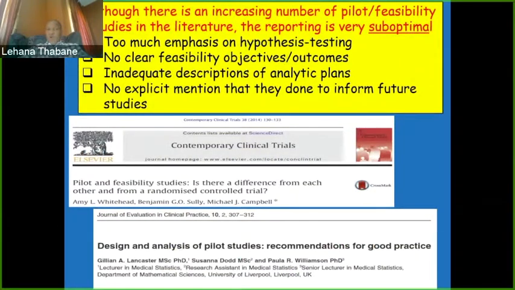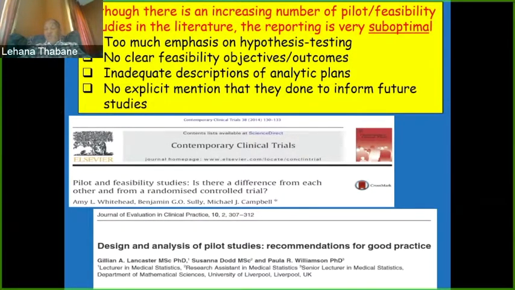So overall, there's never really a clear sense of how well these are reported. In fact, the few reviews that have looked at this issue found that there's too much emphasis on hypothesis testing, which is really never the primary goal of piloting or assessing feasibility. There are no clear feasibility objectives or outcomes, and the analytic plans are never really well described.